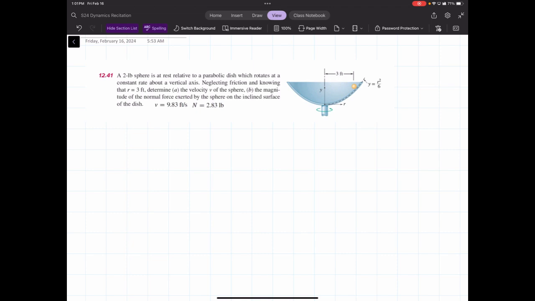So the sphere is at rest relative to the dish. So the sphere itself is not moving, the dish is moving around the vertical axis. So we're going to start with a little bit of geometry, algebra, to find some of the things we need to know.